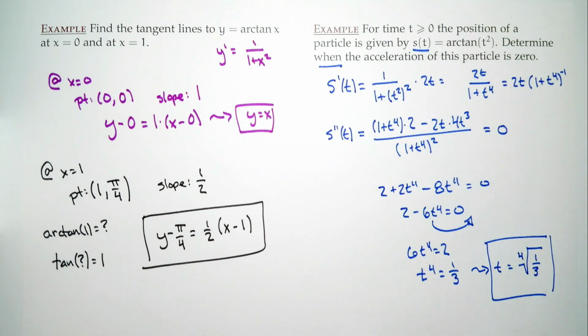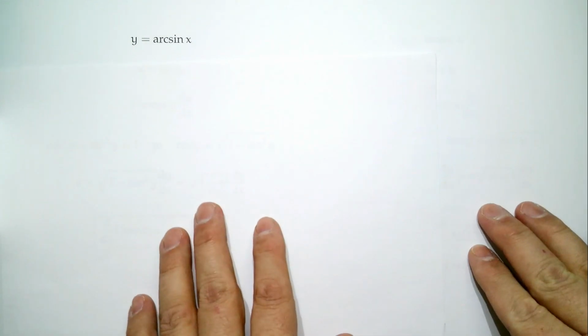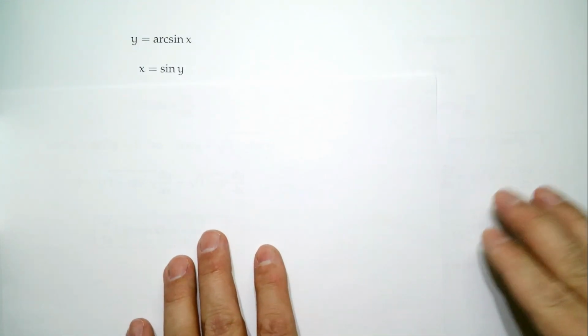We should, of course, do the same thing that we did for arctangent for arcsine and arcsecant. So we'll start with arcsine. You're going to see it's the same process. So you start with y equals arcsine of x. Then x equals sine of y. That's because they're inverse functions of each other, so we can rearrange.